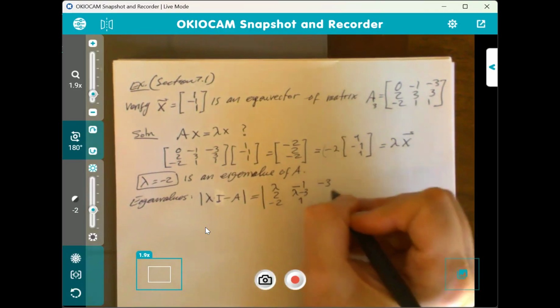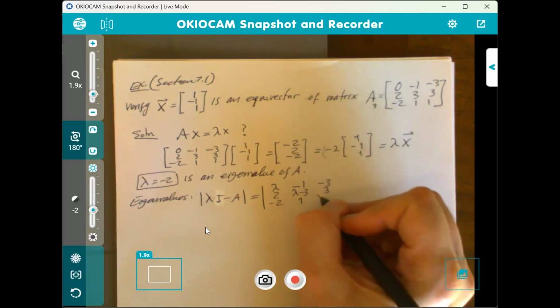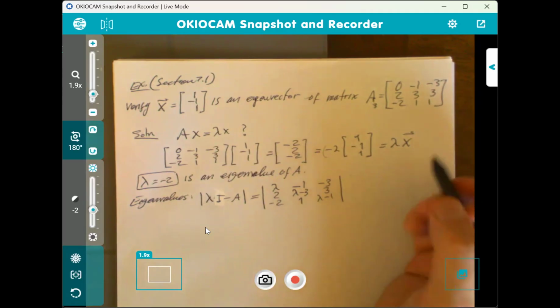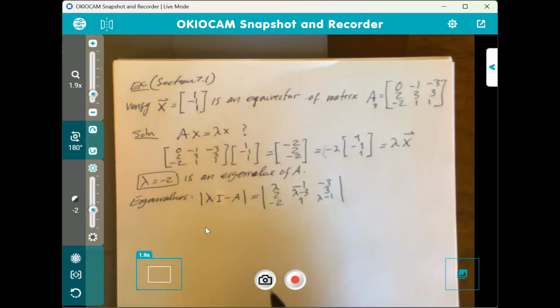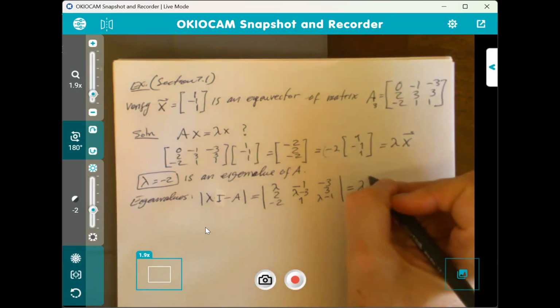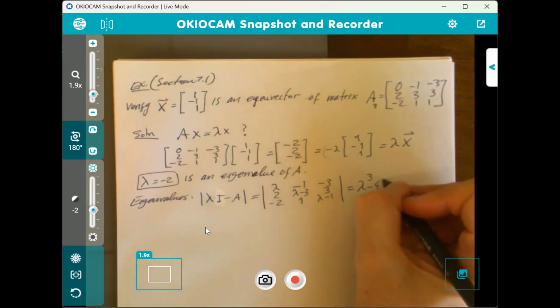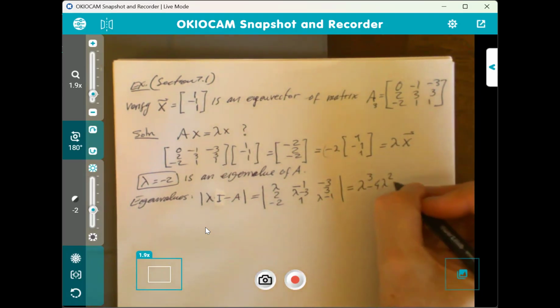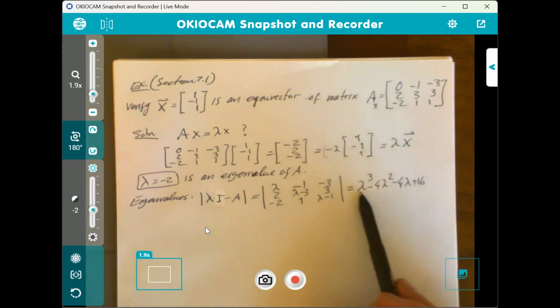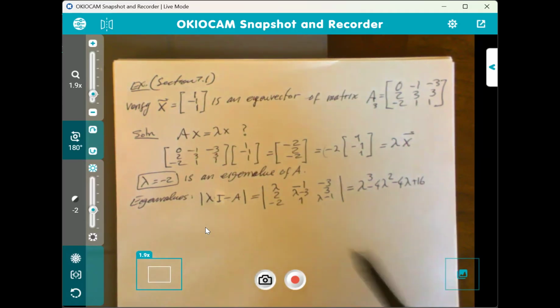And then we have -3, 3, and the last one is lambda minus 1. Now this 3 by 3 determinant, I actually used Symbolab to do this. So I got lambda cubed, -4 lambda squared, -4 lambda plus 16. This is what they call the characteristic polynomial.